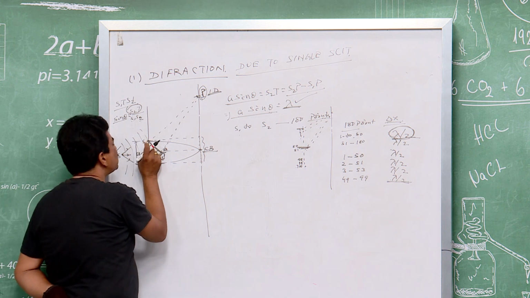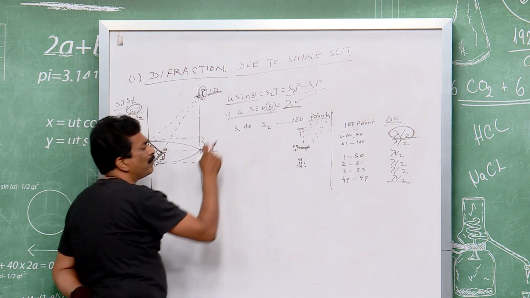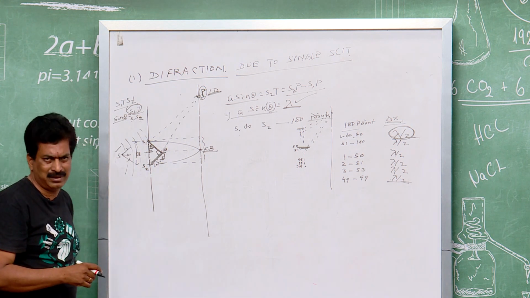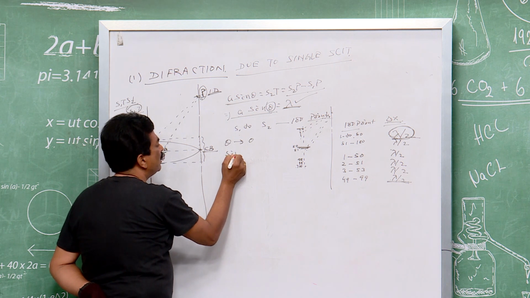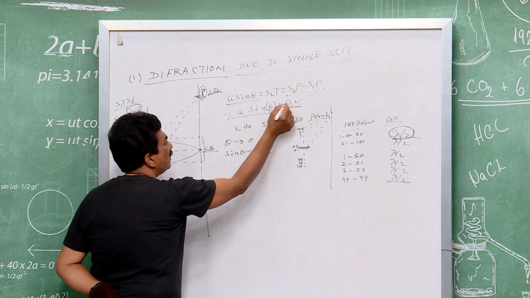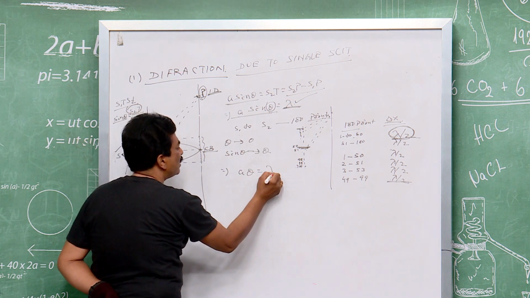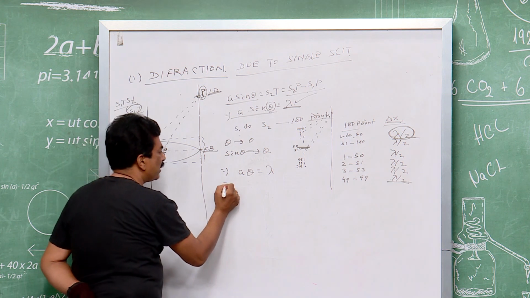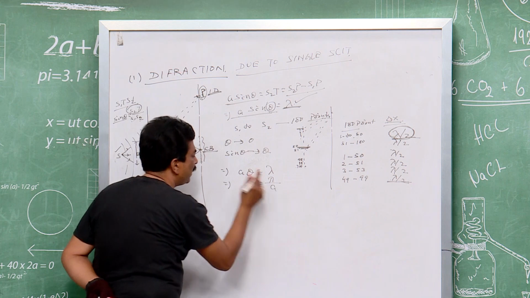Though these slits are very near to each other, the theta value is very small. And you know that when theta tends to 0, then sin theta tends to theta. So a sin theta equals lambda means a theta equals lambda, so theta is equal to lambda by a.